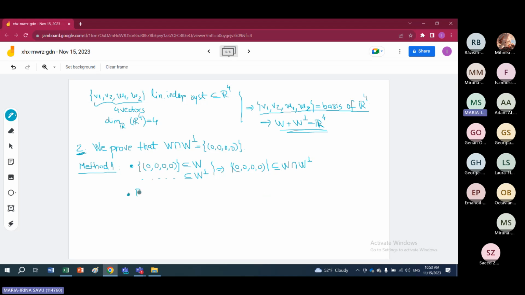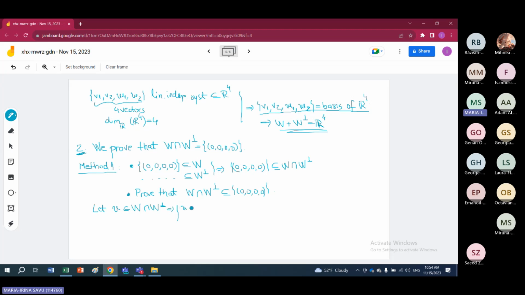Then you have to prove the other inclusion. Let V be a vector in the intersection of these spaces, and you have to prove that V is actually the null vector.